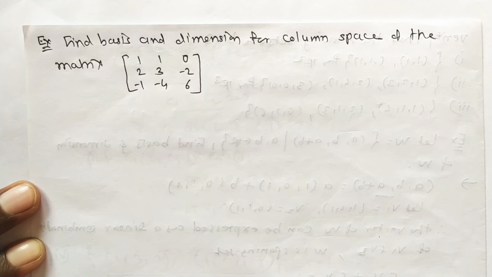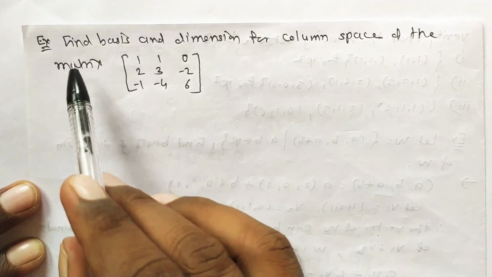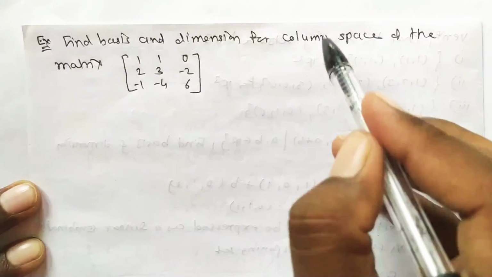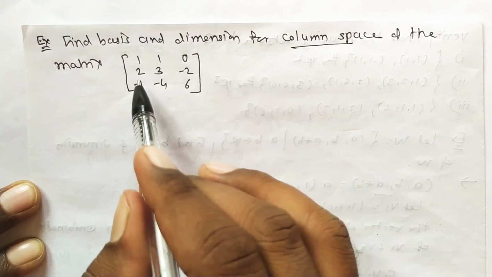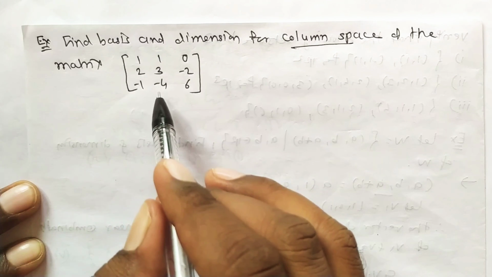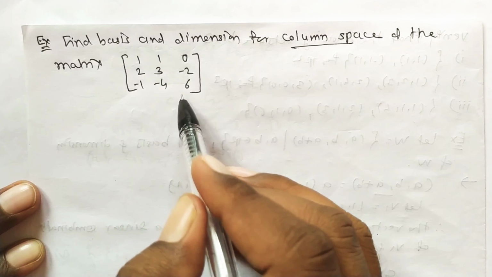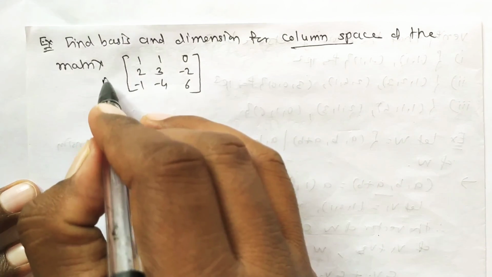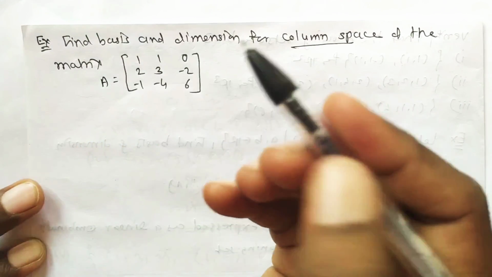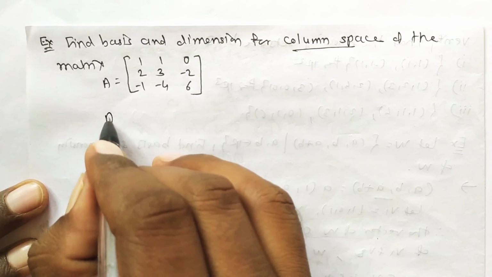So the next problem you solve at home. The problem is: find the basis and dimension for the column space of the matrix 1 1 0, 2 3 -2, -1 -4 6. So suppose matrix A is equal to the given matrix. First write down the transpose of this matrix.